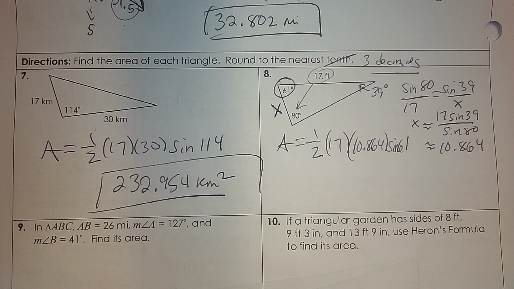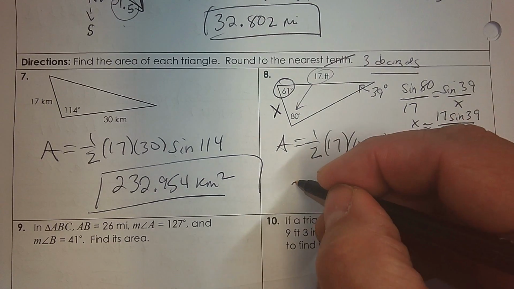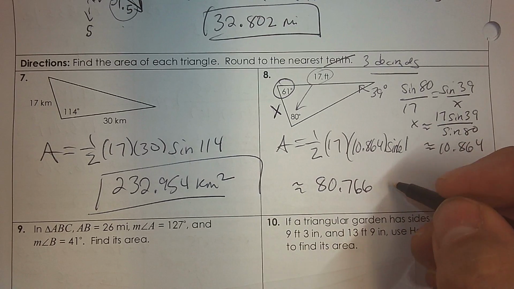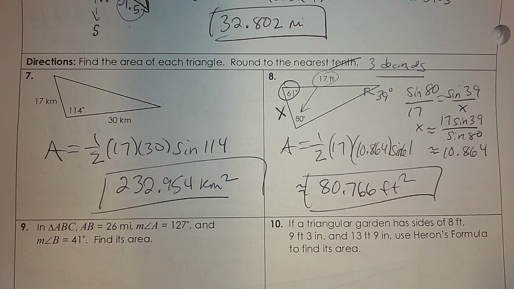So 0.5 times 17 times 10.864 times the sine of 61. And the approximate area is 80.766 feet squared.